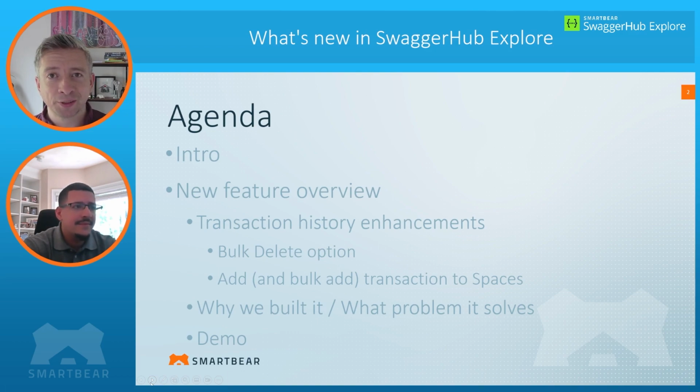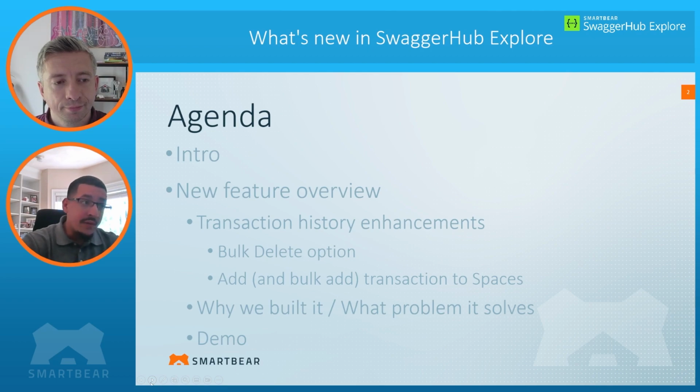So Temil, as always, why don't you give everyone an overview as to why you focused on these features and what problem they're solving? 100%, Frank. And just to give a little bit of a broader overview, let's not forget that Explore exists to make life easier when you're trying to consume APIs and build APIs, so that you understand what the transactions look like, what type of inputs you have, what type of outputs. And we know that those transactions increase really rapidly, right?